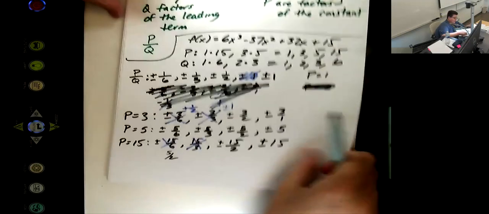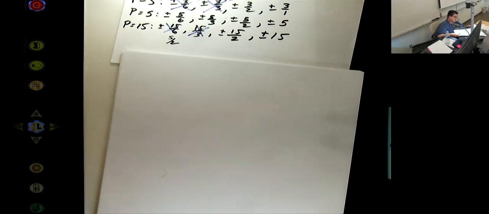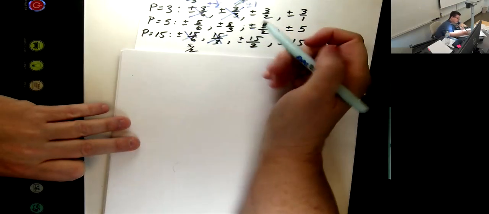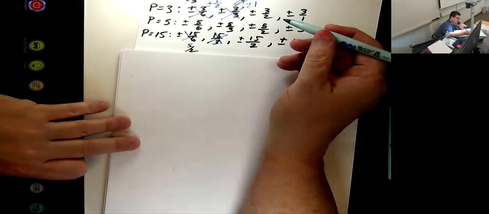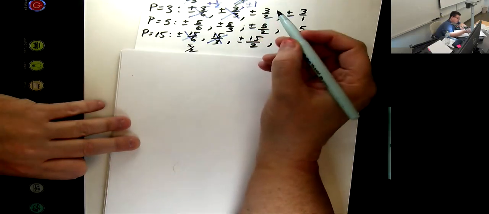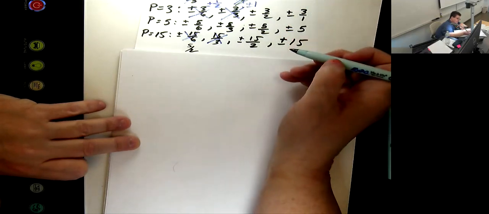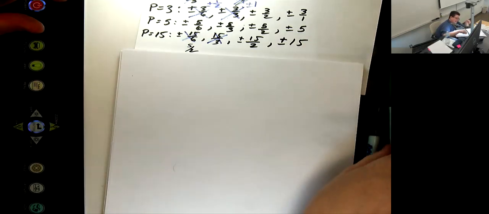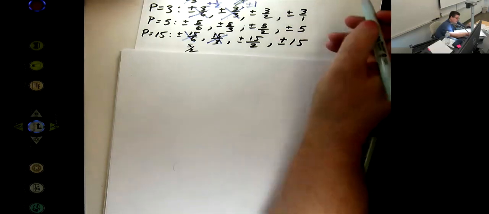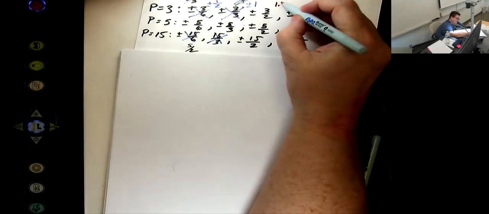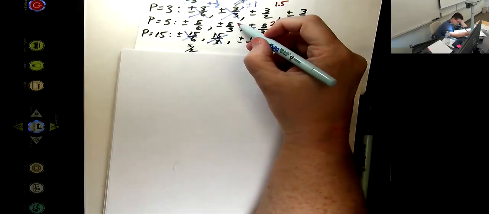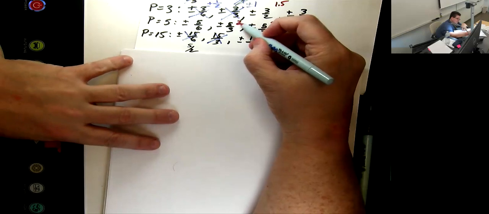Let's start organizing these. Okay, so, this is ugly. Let me make a list of what some of these numbers look like as decimals. Those are all less than 1. This is 1.5. This is 2.5. What is this? This is 1.67.